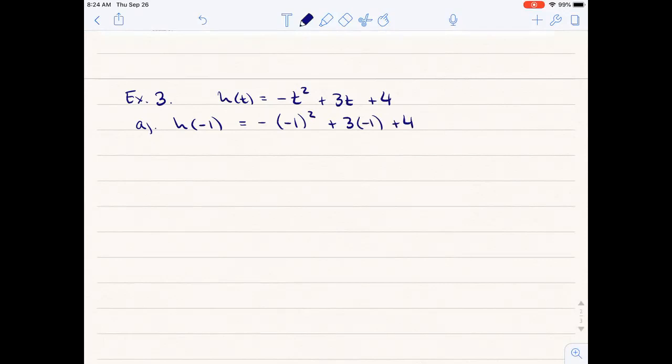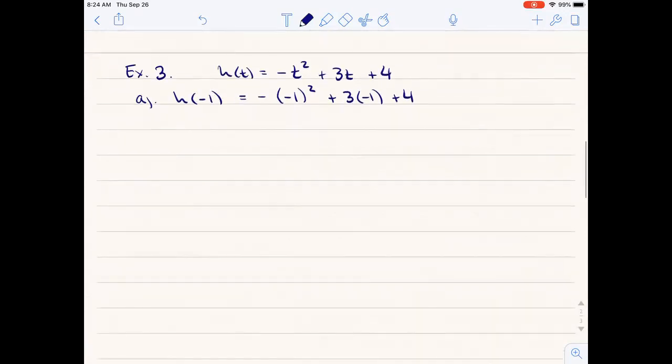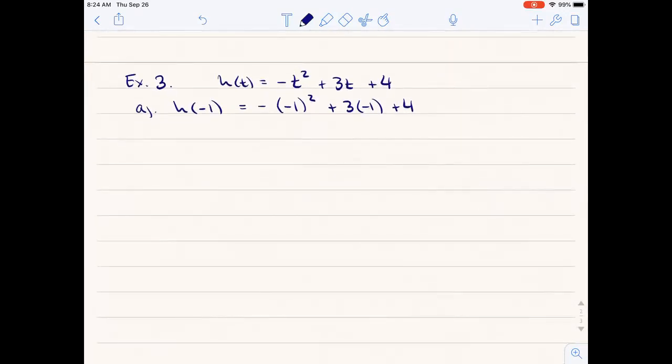And absolutely use your calculator. The square of -1 is just +1, but we still have the negative out front.